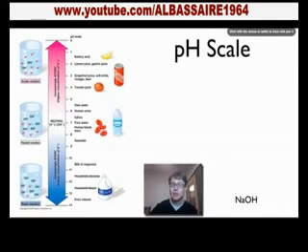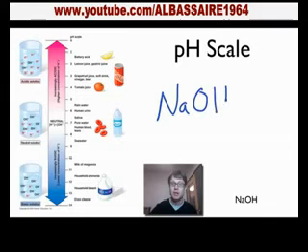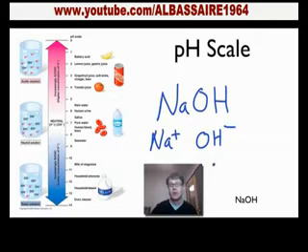If we look at something like a base, a quintessential base would be this sodium hydroxide. What happens with sodium hydroxide when we add it to water? It's going to break down into sodium, which has a positive charge, and hydroxide, which is going to have a negative charge. And so a base is anything that is going to lower the concentration of H+. Well, I don't see any H pluses here.